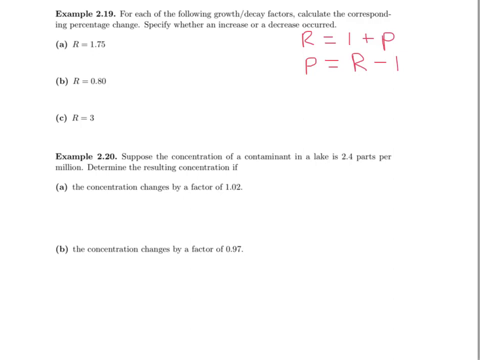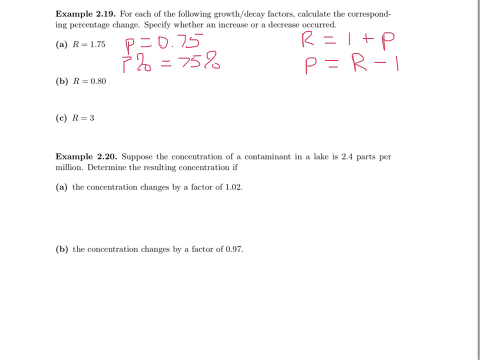Here, in part A, R is 1.75. So p will equal R minus 1. So I take 1.75 and I subtract 1. That gives us 0.75. This corresponds to a percentage change of 75%.